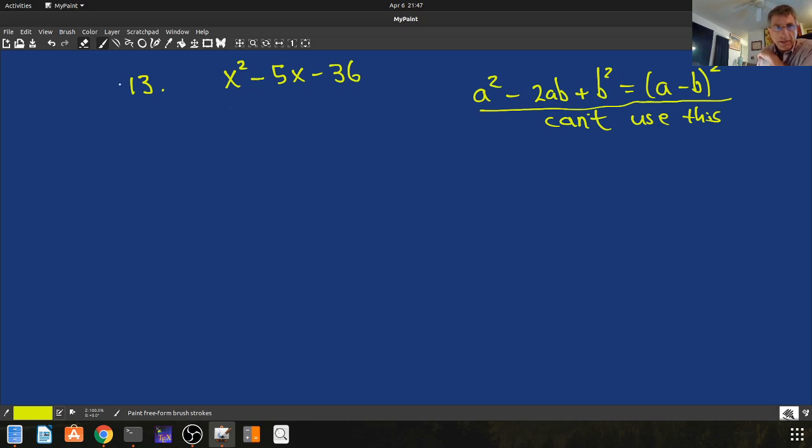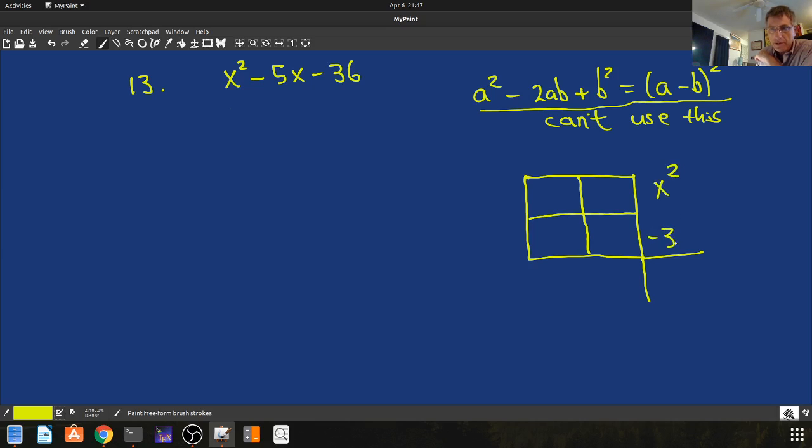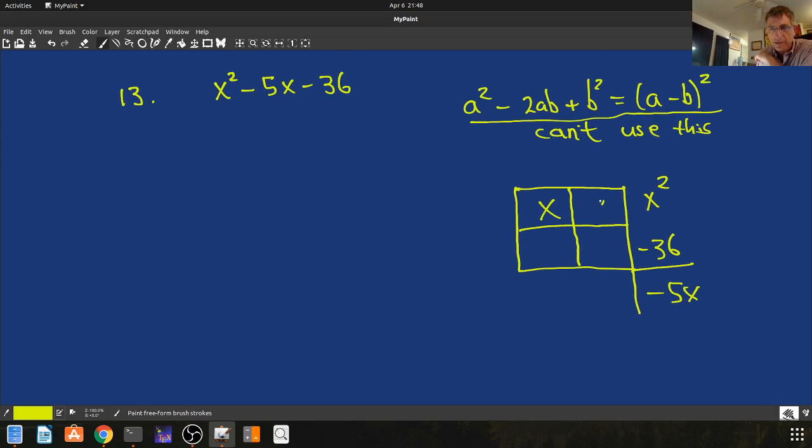So again, I write my table. X squared goes up here, minus 36 here, and minus 5x here. So since this is x squared, I only have one choice, x and x. So x times x gives me x squared.